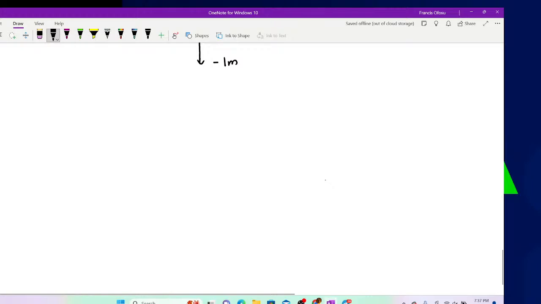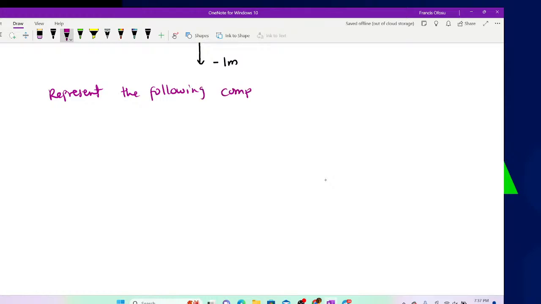So I have a problem here. Represent the following complex numbers on the Argand diagram.